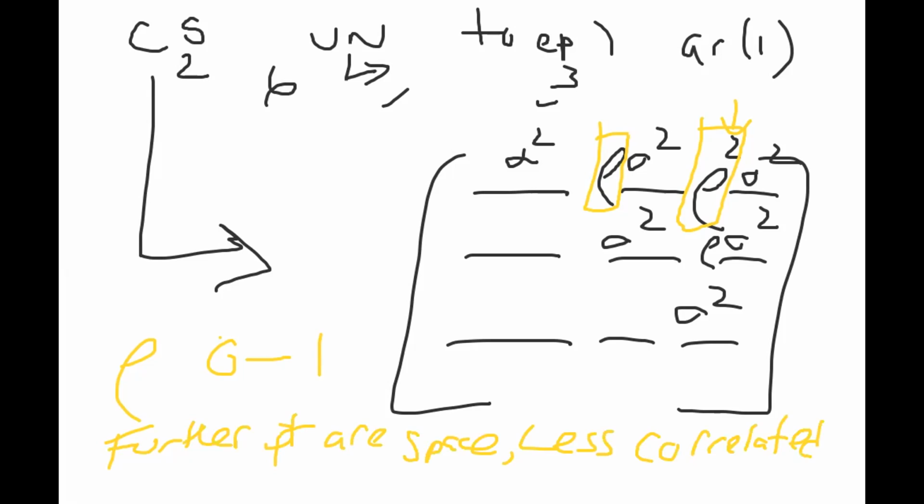Because if you think about this, if rho is 0.8, that coefficient there is 0.8. Rho squared, 0.64. Rho cubed, 0.512. If we go all the way to two points being 12 points across, maybe like 12 months, then 0.8 to the 12 would be 0.069.